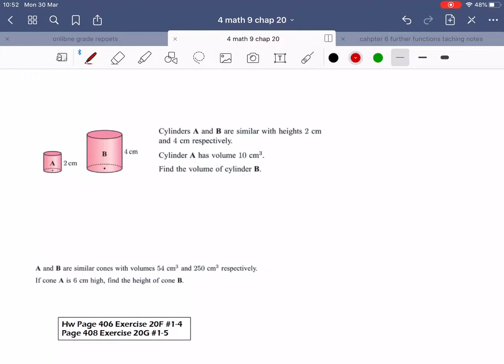All right, so cylinders A and B are similar with heights 2 and 4, respectively. Cylinder A has volume 10 centimeters cubed. Find the volume of cylinder B. So right here, we look at this one. Our K is, the side 2 times K equals 4. The K we need is 2.